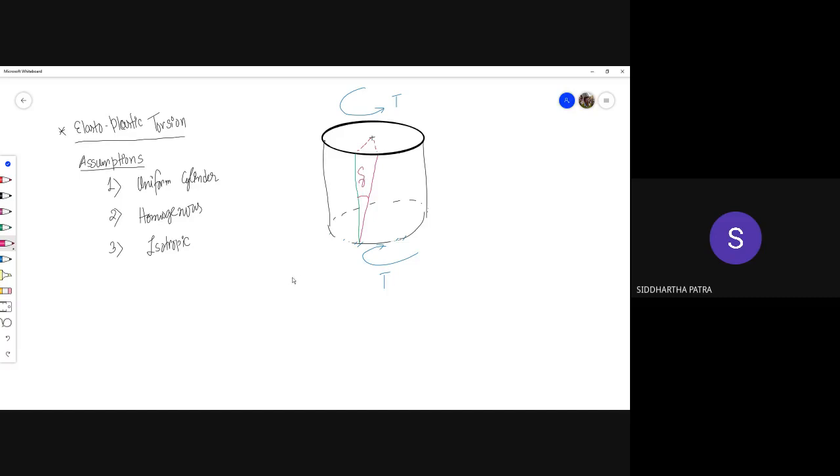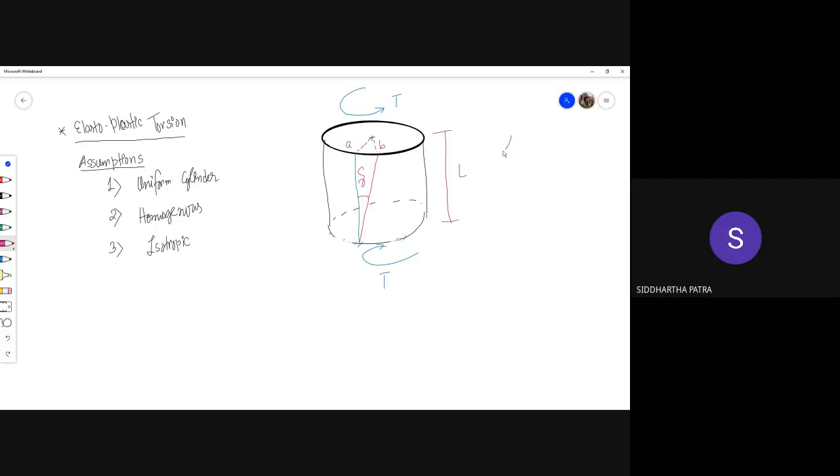Now that shear strain is essentially, let's say this is the length of the cylinder, then let's call this arc as small ab. So this is the length of the arc.